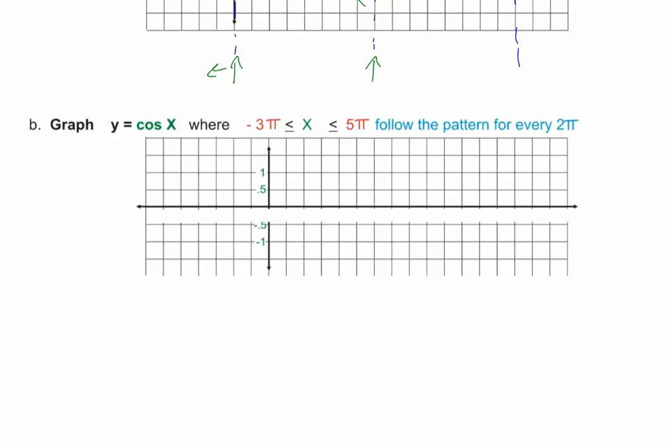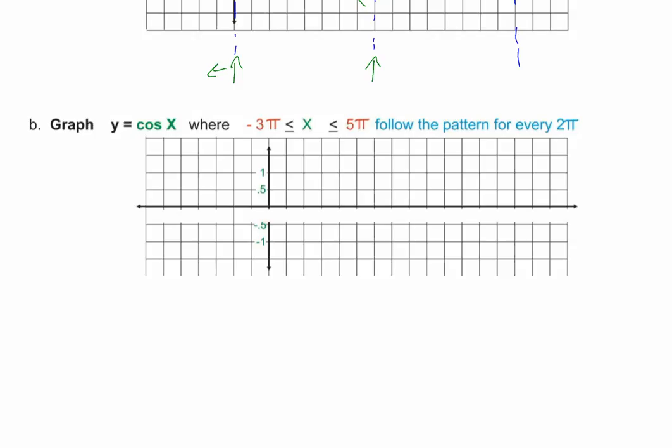Okay, let's do the cosine between negative 3 pi and 5 pi. Now again, on your paper you can see the pattern. I can't show it here just because it's a pain to try to do that. So again, I'm trying to do the same thing. I'm going 0 to 2 pi increments.